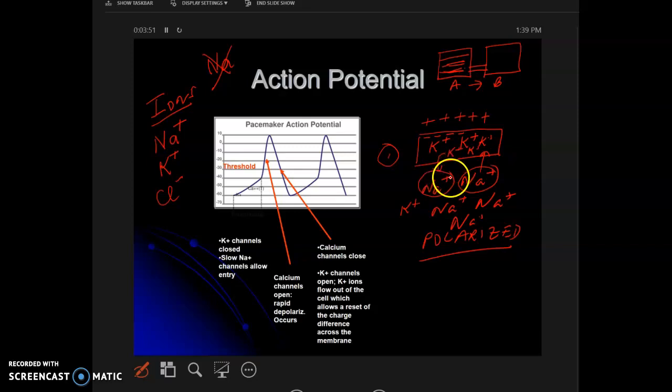So 2 sodium have gone in. Now inside is positive, outside is positive. And the cell is said to be depolarized.